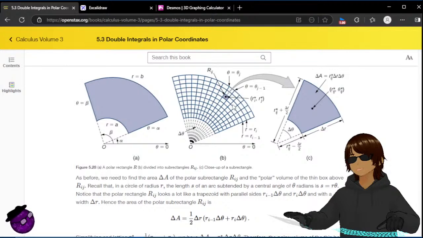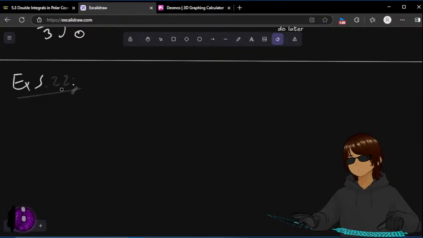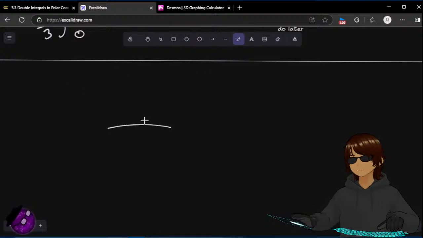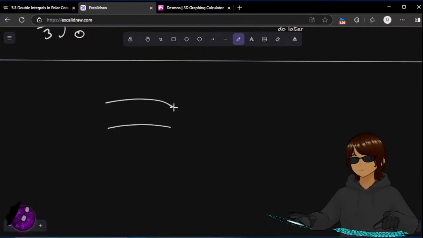Okay, so when we look at it up close, it looks like a trapezoid. Look at this. So a trapezoid, up close, it looks like this, right?